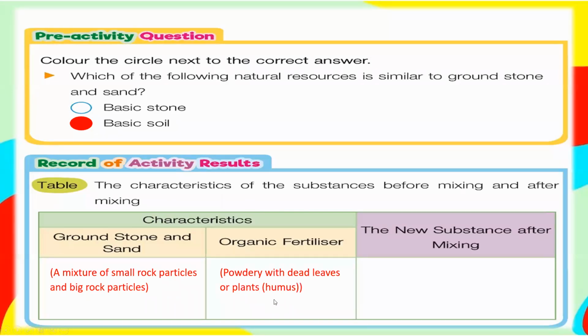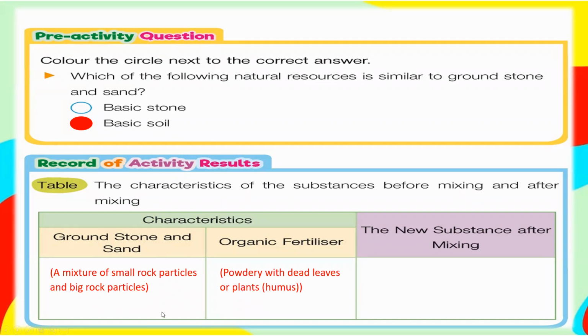Again students, humus is the organic component of soil formed by the decomposition of leaves and other plant material by soil microorganisms, right?